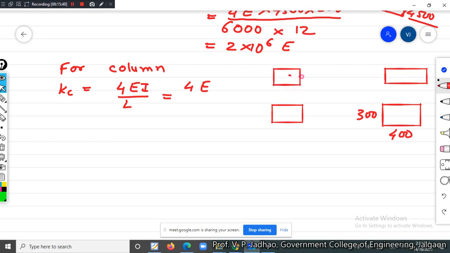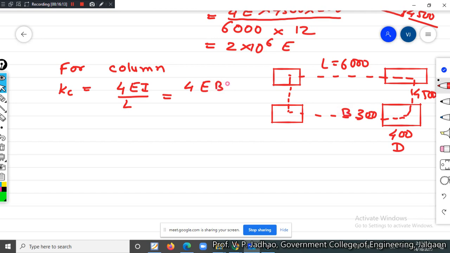Now this is the longer span, L is equal to 6000, and this is the shorter span, equal to 4500 mm. We are calculating the moment of inertia of the column along the longer direction. Therefore this will become depth and this 300 will become width.